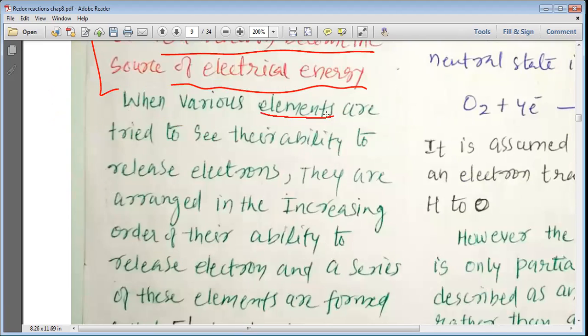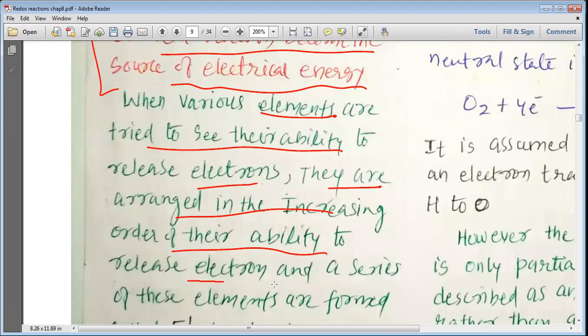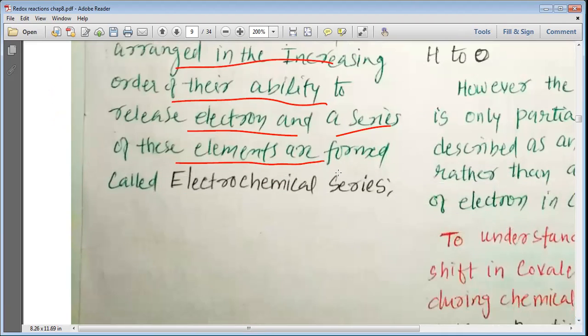When various elements are tried to see their ability to release electrons, they are arranged in the increasing order of their ability to release electrons, and a series of the elements is formed. This series of elements formed is known as the electrochemical series.